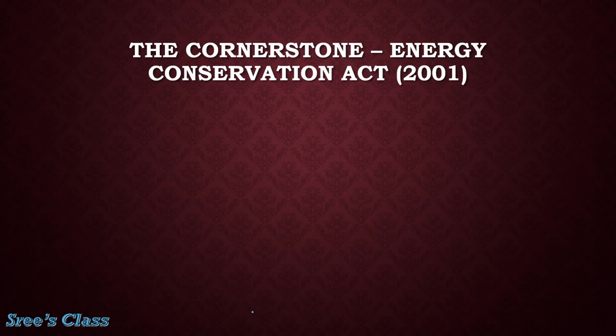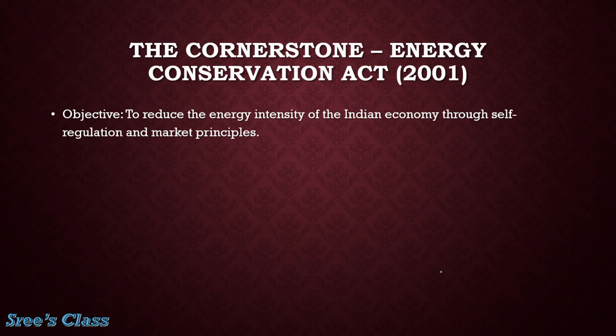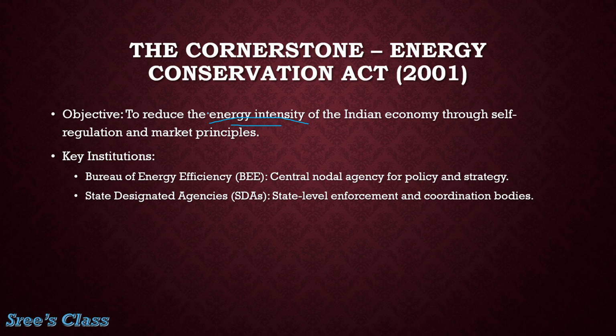Now, of course the objective of the EC Act is to reduce the energy intensity, which we had discussed in the last topic in the last session. So the key institutions that we want to know about are these two.